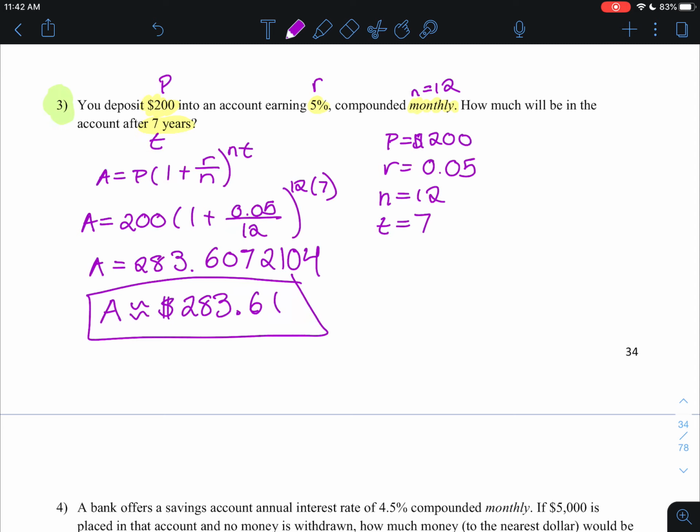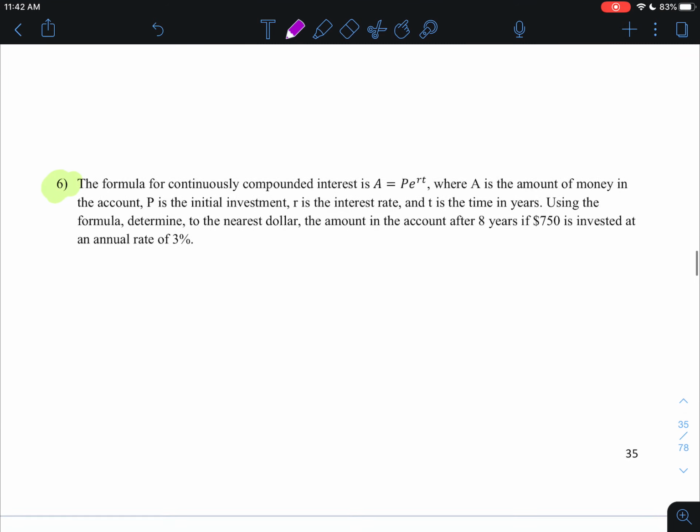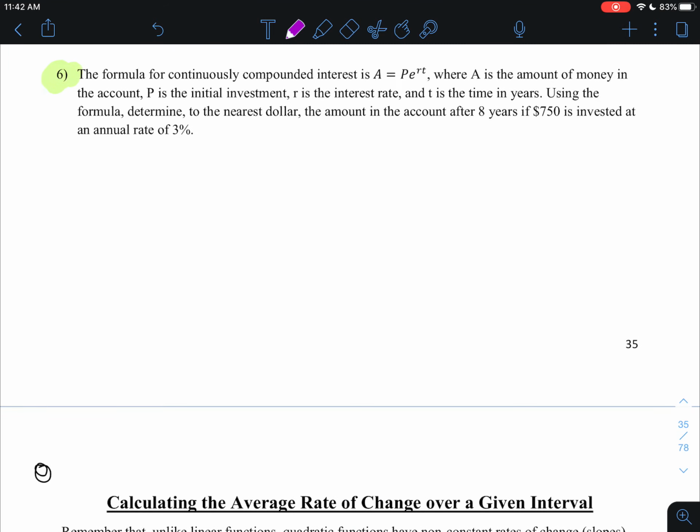I'm going to skip down to number 6 because there's something slightly different that we want to talk about. So, the formula for continuously compounded interest. The word continuously means that your principal is constantly earning interest and the interest keeps earning interest on itself.